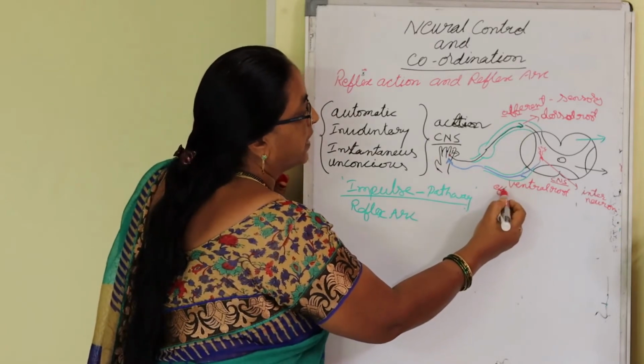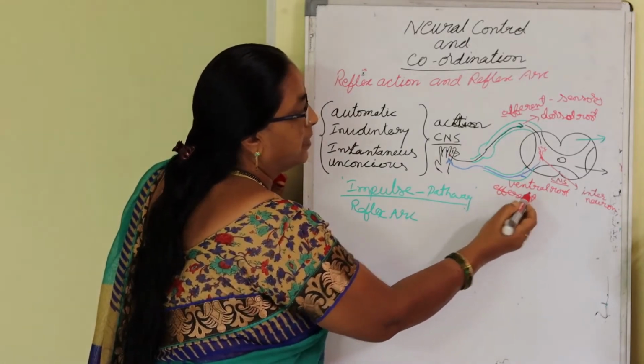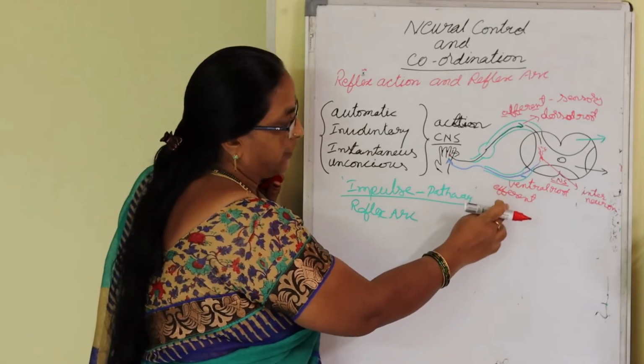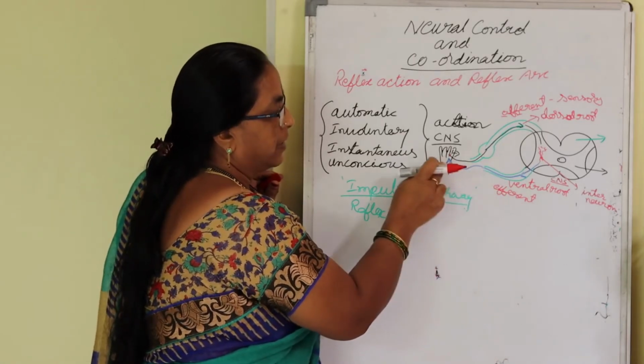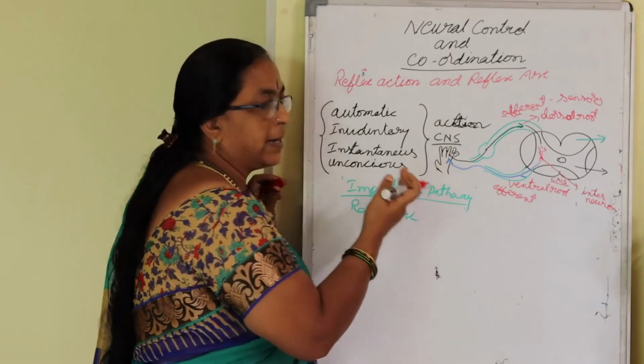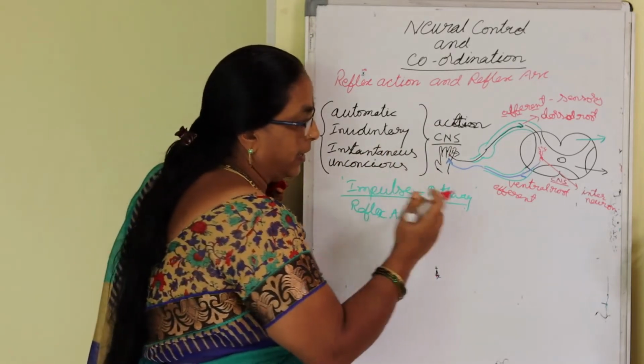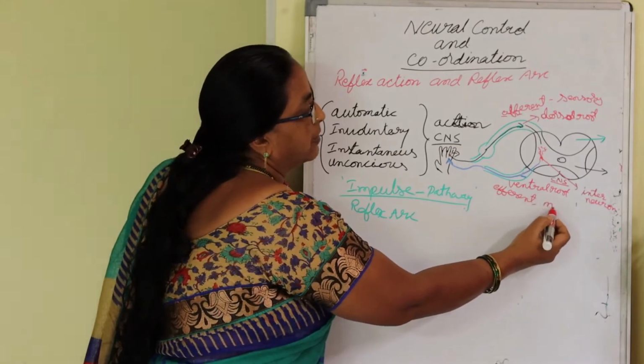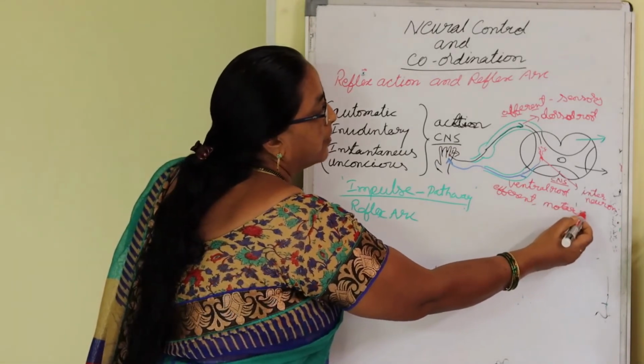This is the efferent neuron. This efferent neuron carries the signal to the target part like a hand or any muscle, leg, and this we call a motor neuron.